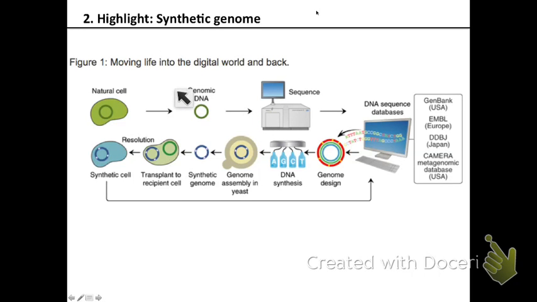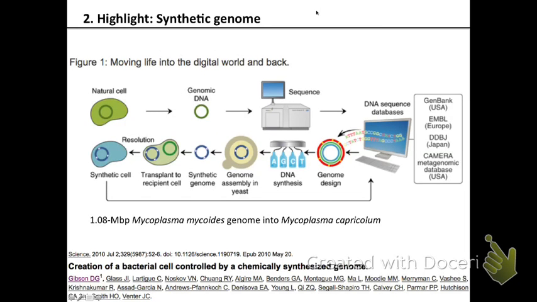So in this experiment, what the authors did, they took a Mycoplasma mycoides genome, and what they did is first determine its DNA sequence. So they isolated the genomic DNA, they sequenced it, and they put it into a database, right? There are databases that contain the genomes of many, many species.